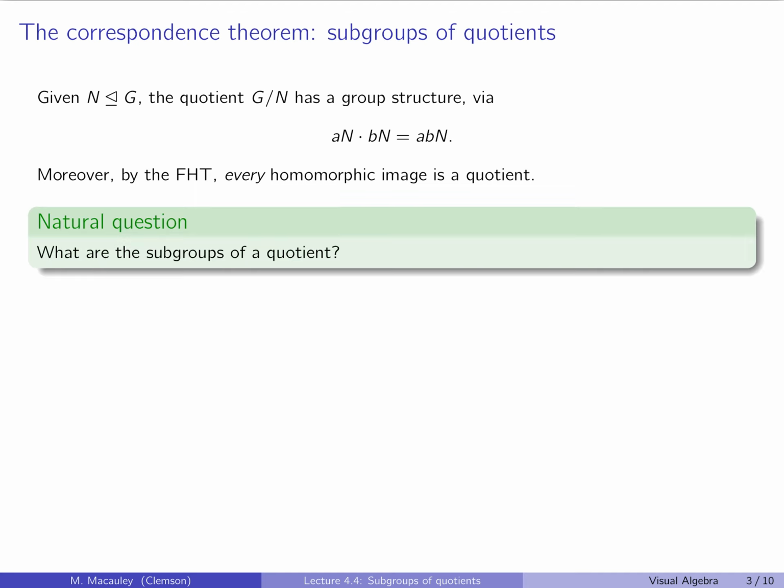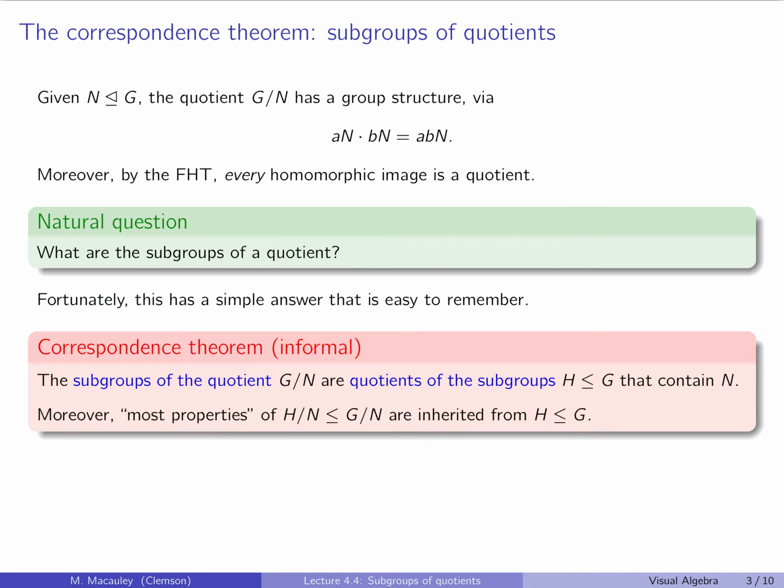So the natural question to ask is, what are the subgroups of a quotient? Fortunately, this has a simple answer that is easy to remember, and it's called the correspondence theorem.